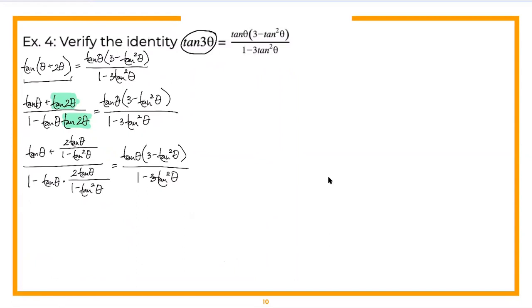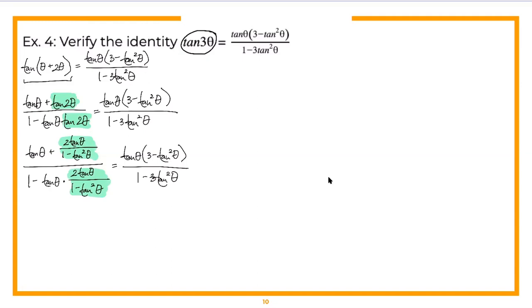Okay. So this is our tangent 2 theta, this is our tangent 2 theta. And now what we need to do is find some common denominators, turn things into a single fraction, and then I think we'll be able to meet our goal.